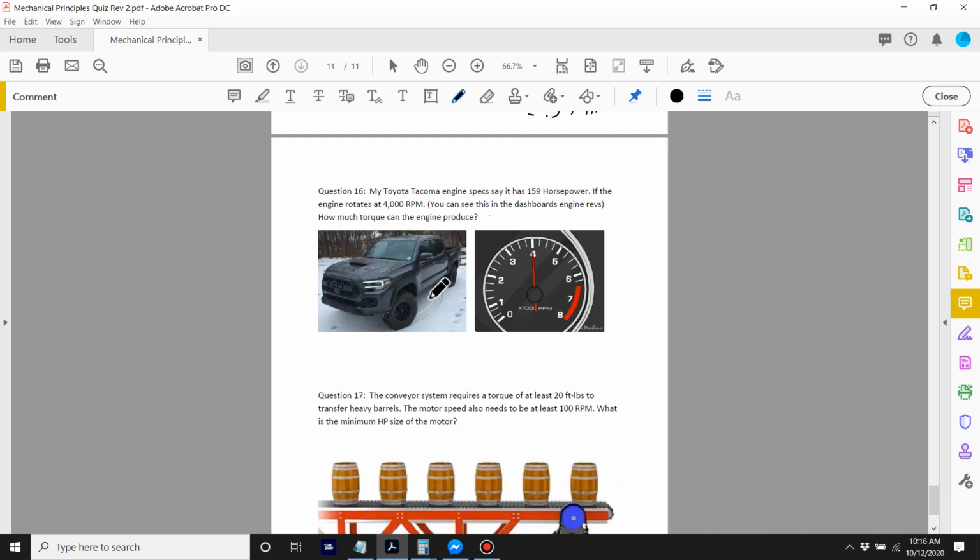Now, so what is the equation? It's horsepower is equal to torque times speed, or speed times torque, divided by 52. I just don't have a whole lot of space.